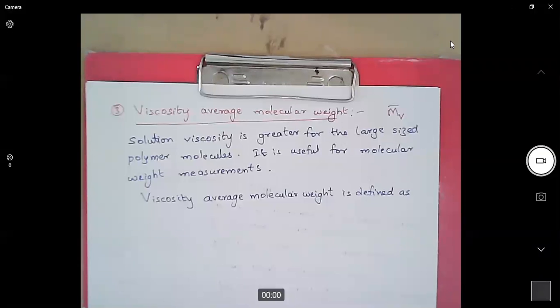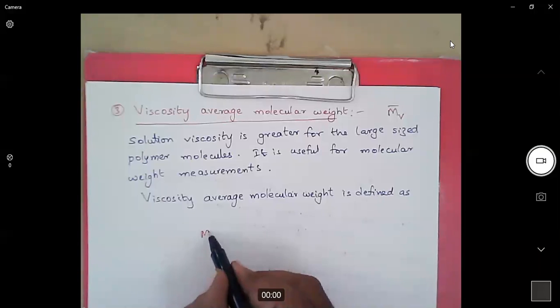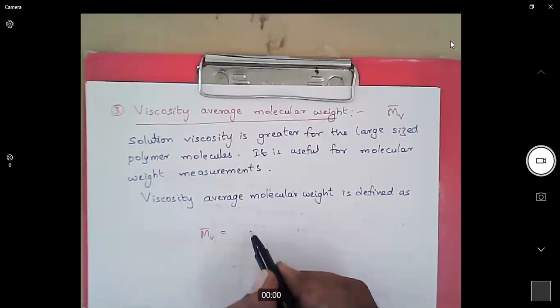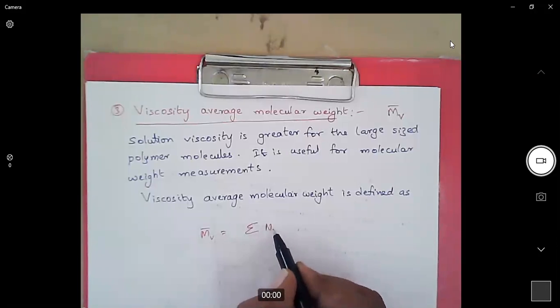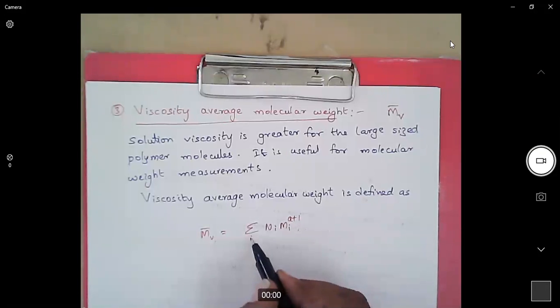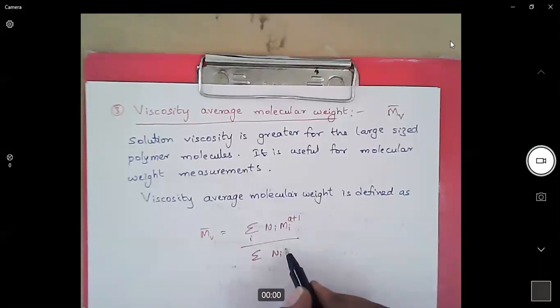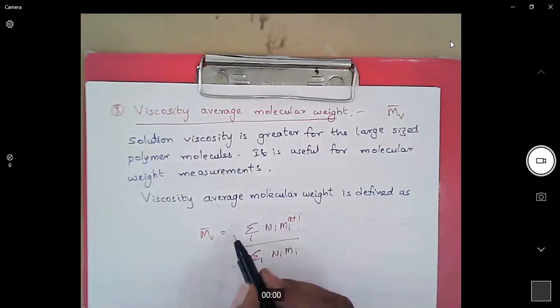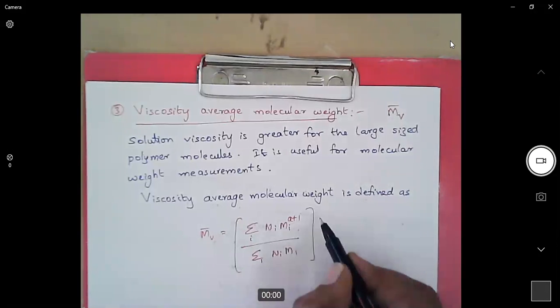Viscosity average molecular weight is defined as M_v bar is equal to (sigma N_i M_i to the power a plus 1, over sigma N_i M_i), whole power 1 by a.